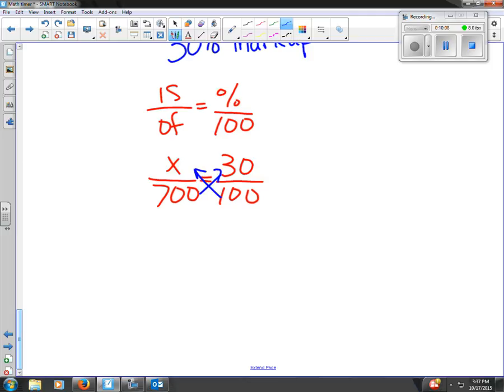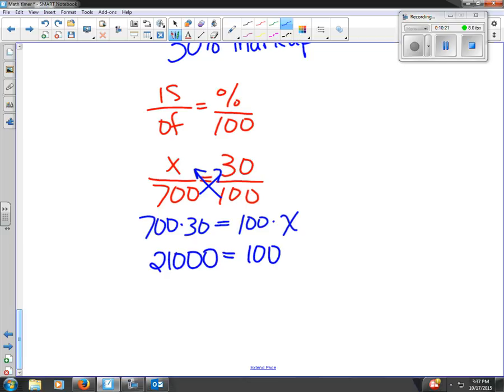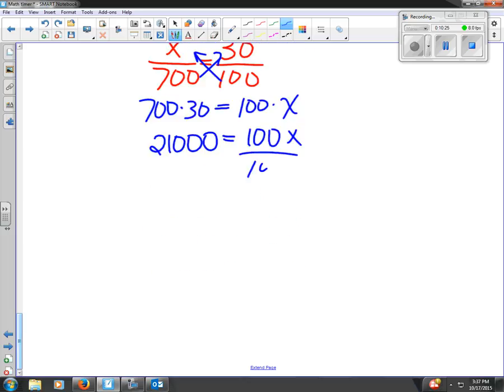Cross multiply, and you get 700 times 30 equals 100 times x. 700 times 30 is 21,000 equals 100x. You divide by 100, divide by 100, and the trick is you cancel out those zeros. So x equals 210. So the markup is $210.